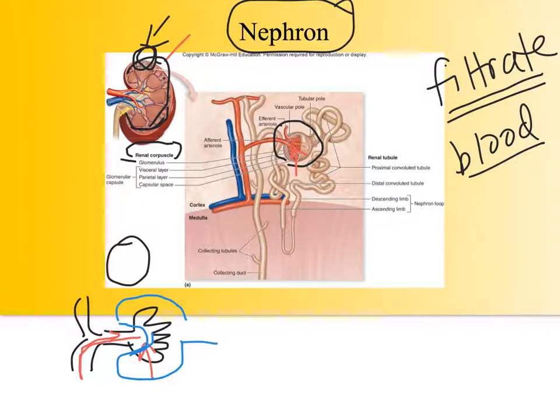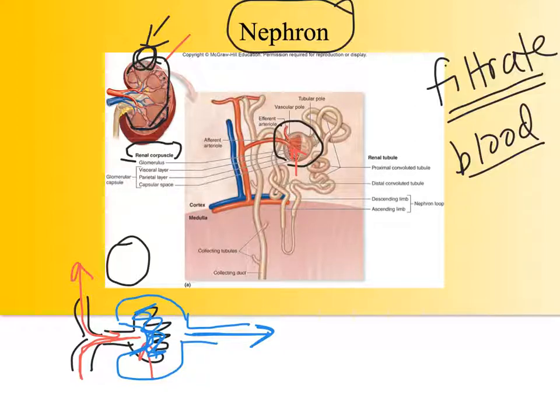Picture putting your fist into a Ziploc bag, and then the urine is going to come out this way. The blood comes in, it gets filtered through this area, and then the urine's going to come out. The rest of the blood is going to continue going this way. I hope that makes sense.